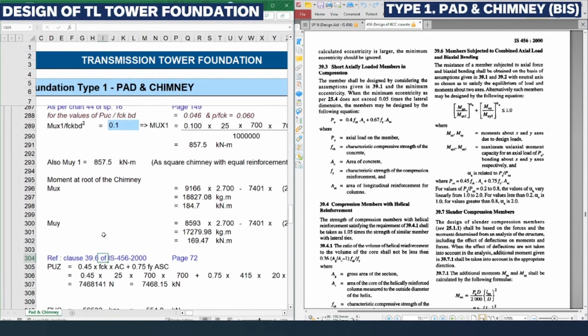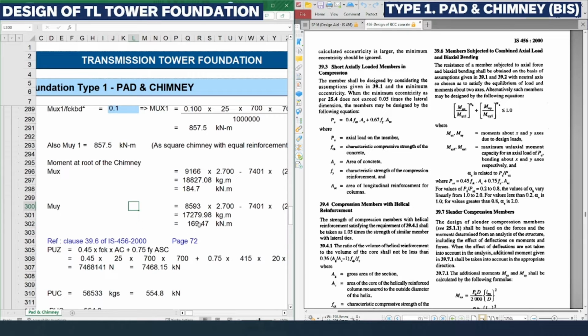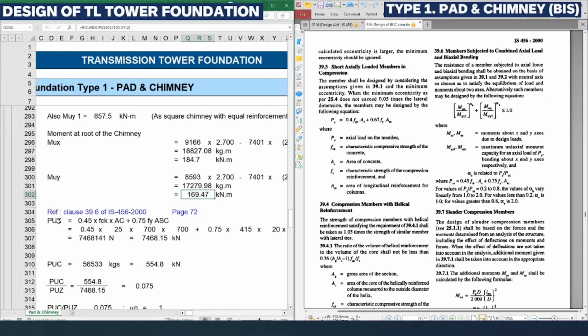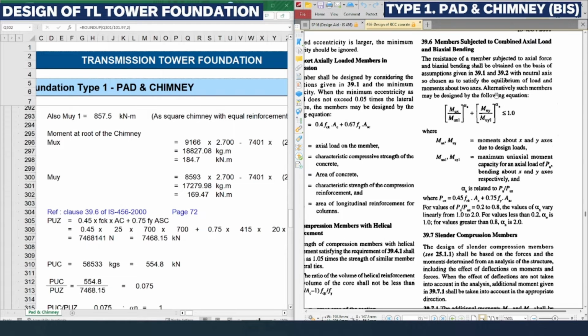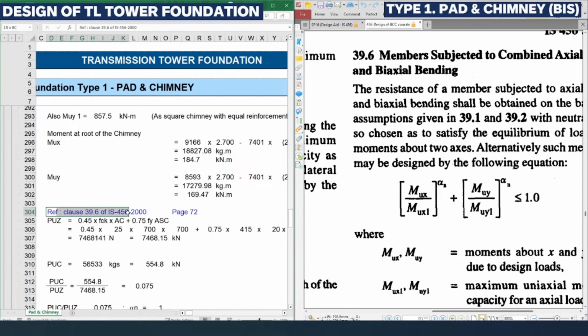Next, after calculating this moment due to lateral thrust and the soil resistant forces, we need to check the member subject to combined axial and biaxial bending, using the equation given in clause 39.6 of IS 456-2000.